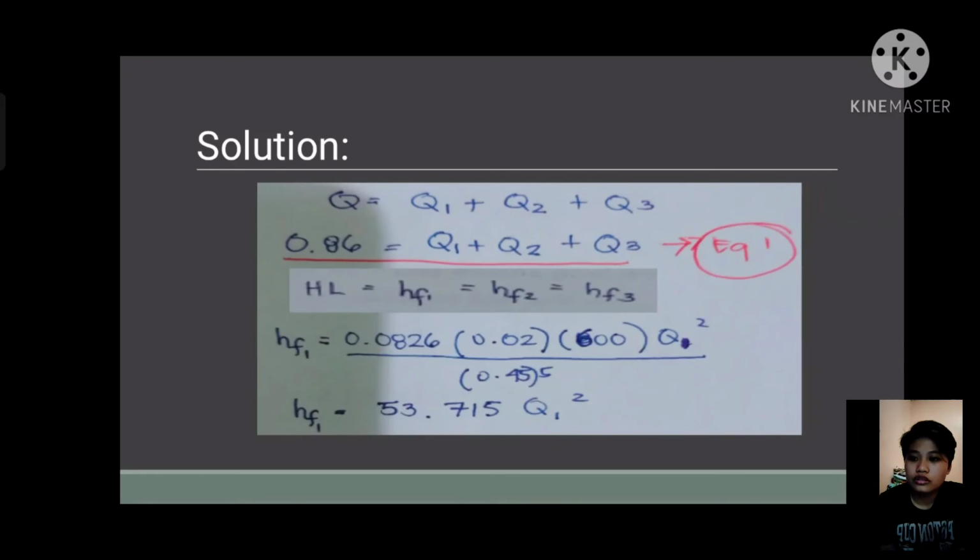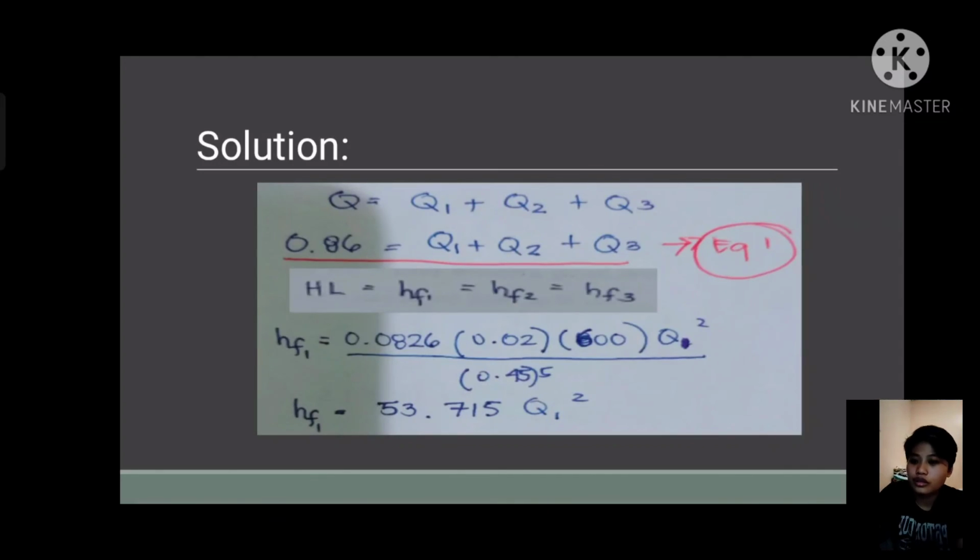So first, we substitute everything. 0.0826 multiplied by 0.02, which is the friction factor. The length of pipe 1, 600, Q squared over 0.45 raised to 5, which comes up to an answer of 53.715 Q1 raised to 2.